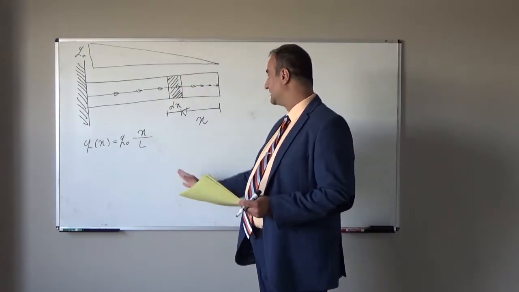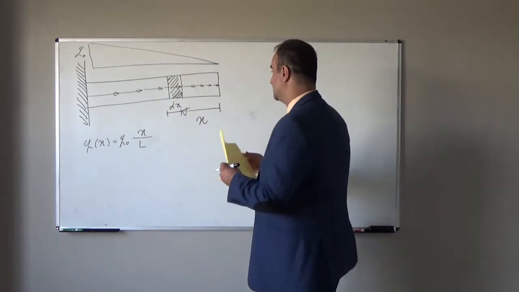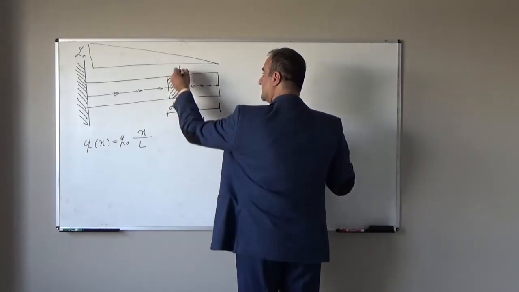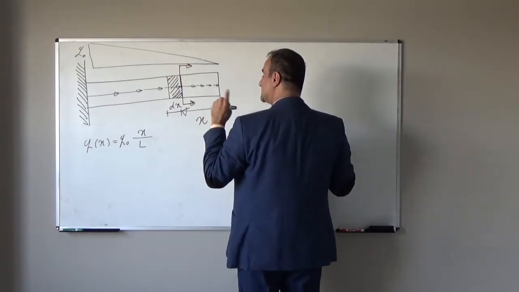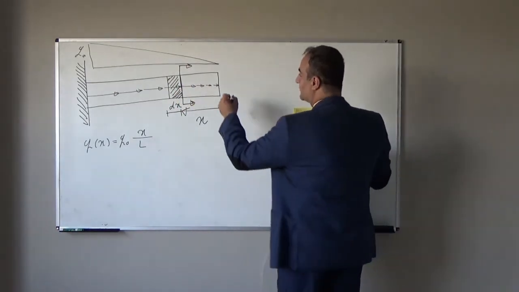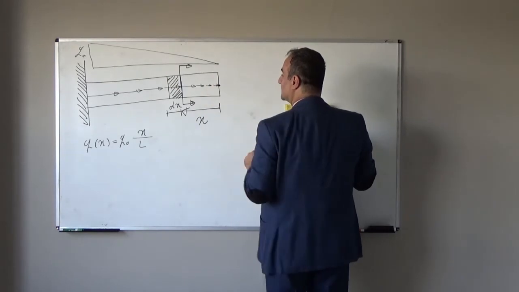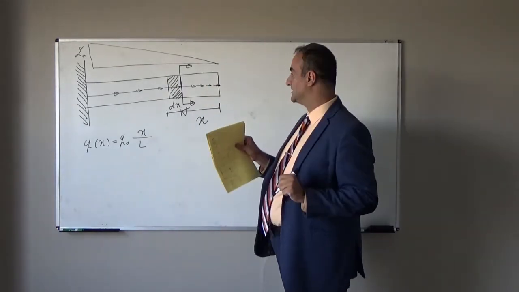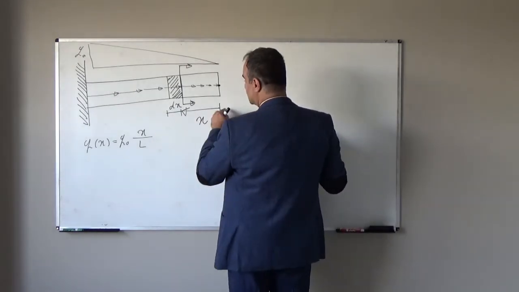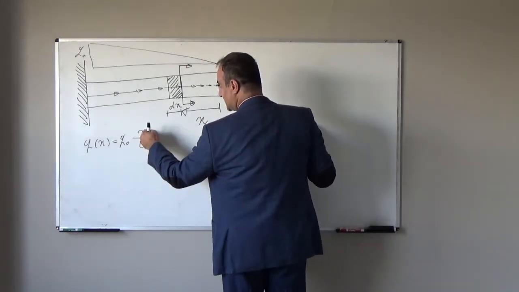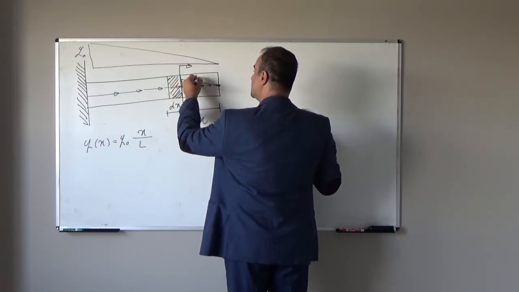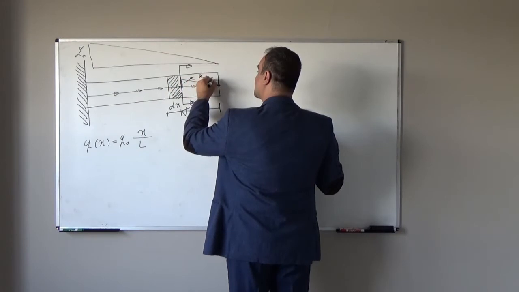If I cut here, what is the resultant axial force from here to here? Axial force at free end, it is 0. Axial force here, at the x distance, is Q naught x over L. So from 0, it reached to Q naught x over L.